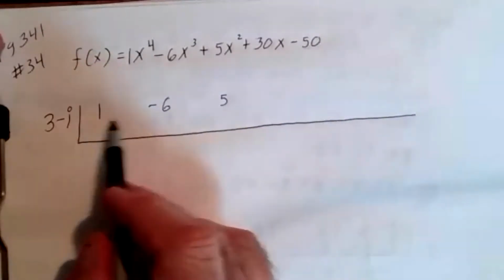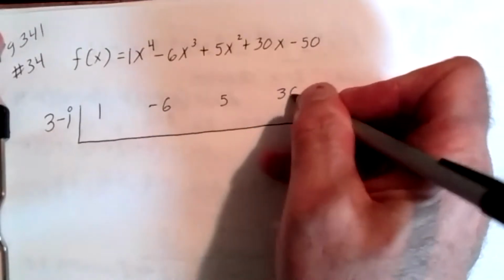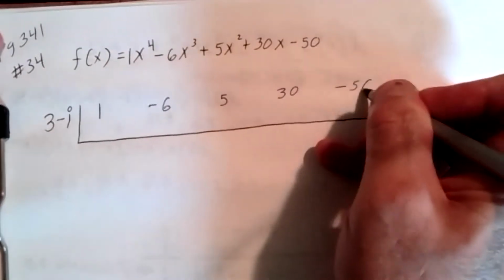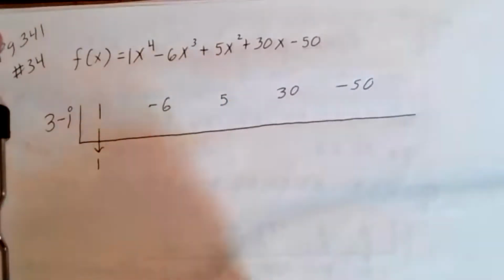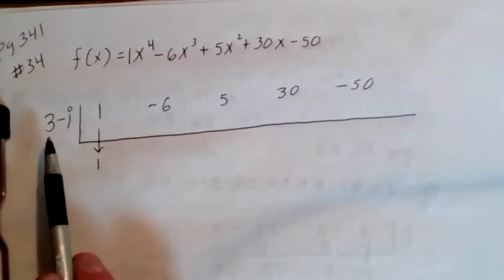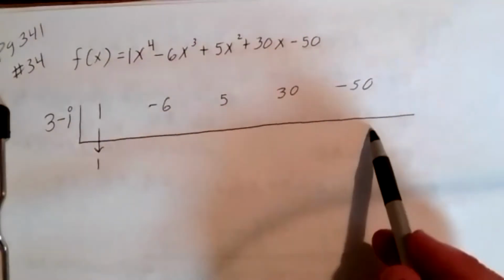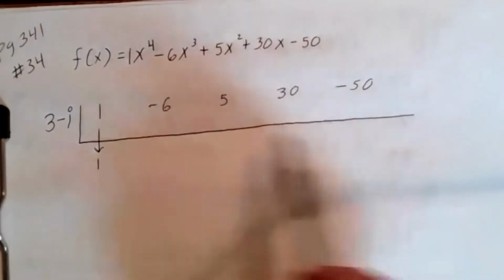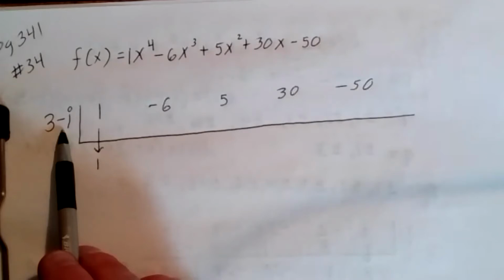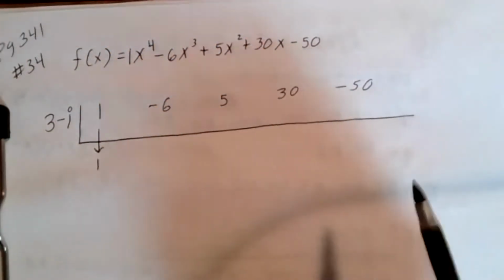Notice I'm leaving a lot of space in between my coefficients. +30 and -50. All right, here we go. Bring the 1 down. When I get done dividing 3 minus i into this polynomial, I better get a 0 remainder at the end, because they tell me that this has to be a zero. So we better get a 0 remainder by the remainder theorem, okay?